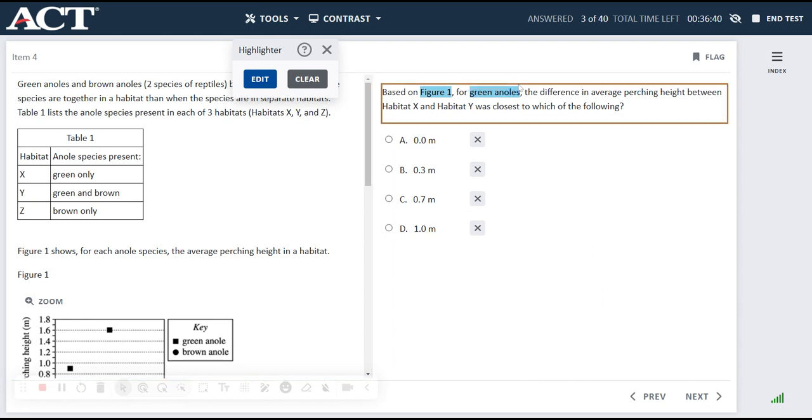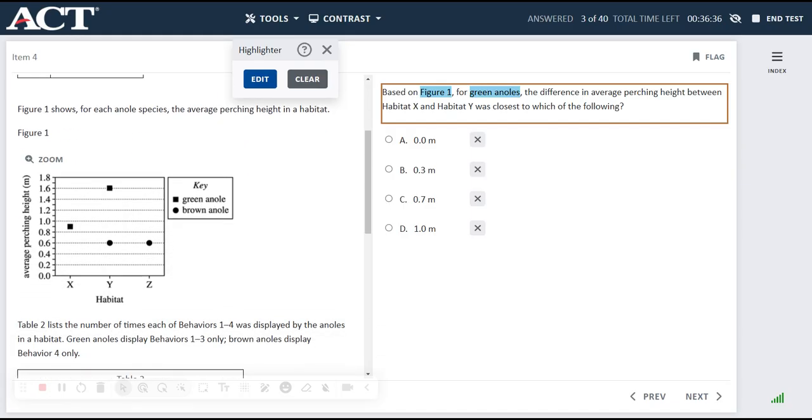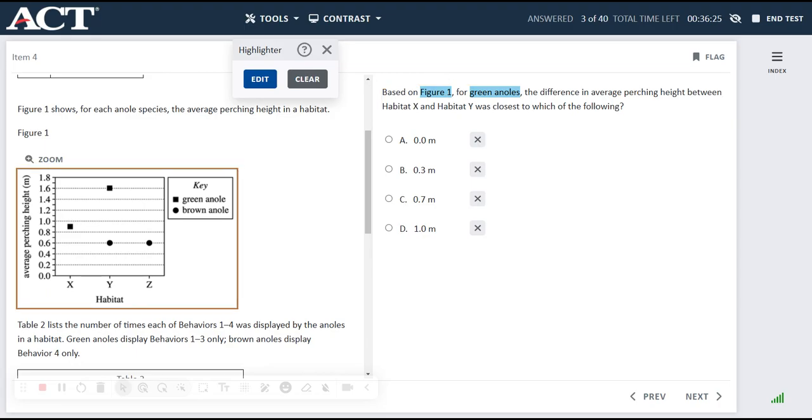The difference in average perching height between habitat X and Y. In habitat X, it's at 0.9, and habitat Y, let me highlight the table, it's at 1.6. So 1.6 minus 0.9 is 0.7, so C.